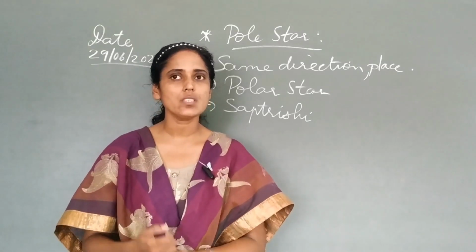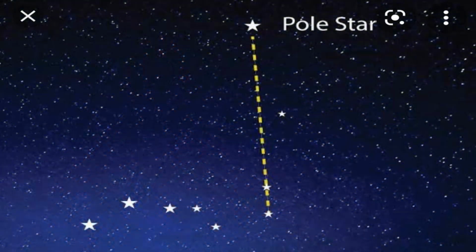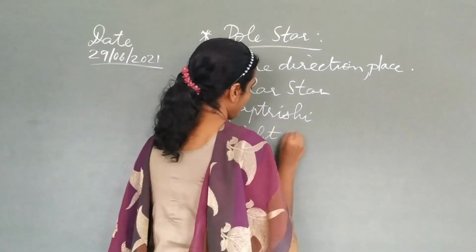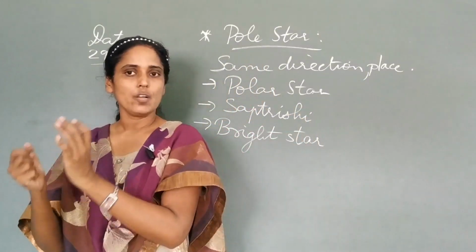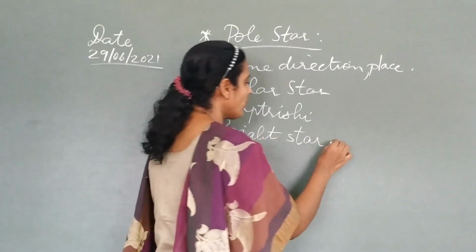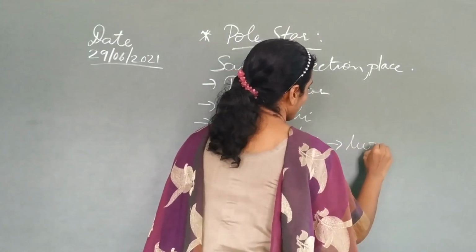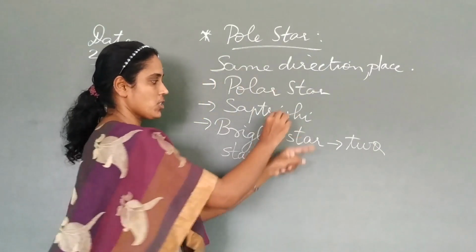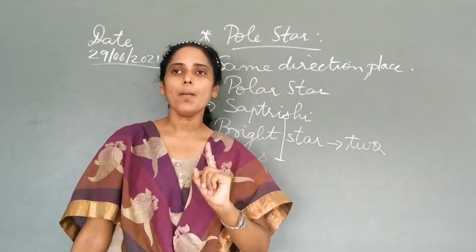When you gaze at the sky continuously, you can see a very bright star moving in the direction of that line connecting the two stars in front of the St. That is known as the polar star. So with the help of the constellation St, you can recognize the pole star or the polar star.